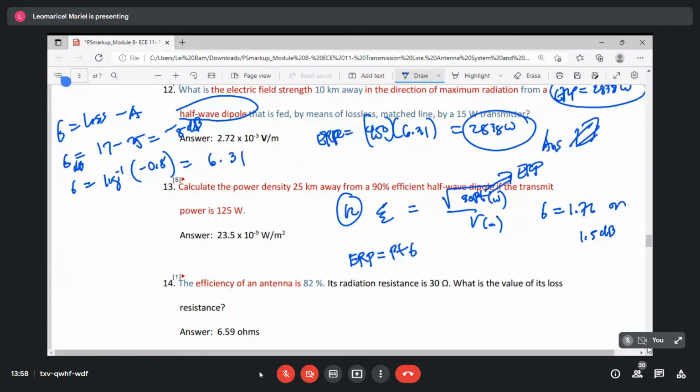So, meron ka pang antena. So, the ERP is PTG. Given naman yung 1.76 yung gain, sinabi sa inyo nakaraan. So, the ERP therefore is equals to 1.76 of 15 watts.